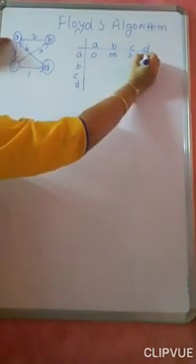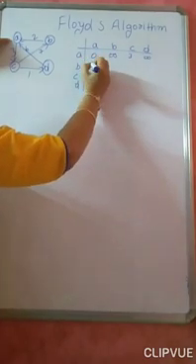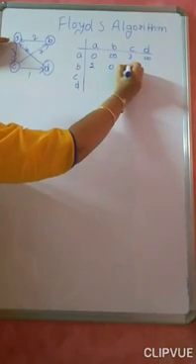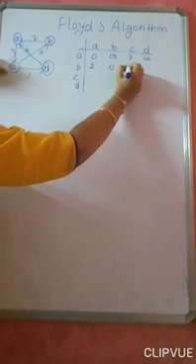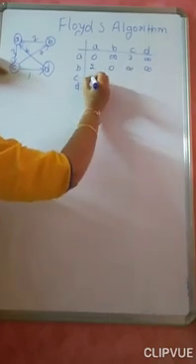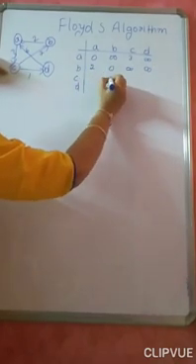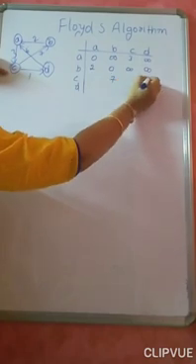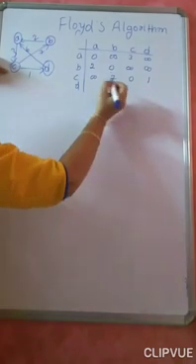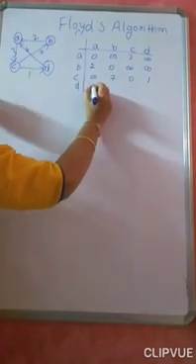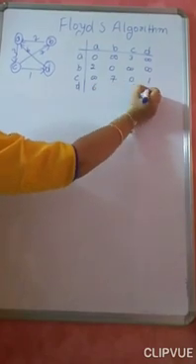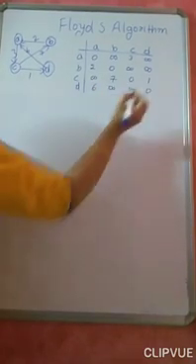A to D, no. And B to A 2, B to B 0, B to C no, B to D no. And from C, to B the distance is 7 and to D the distance is 1, this is 0. From D to A the distance is this much, this is 0, infinity, infinity.